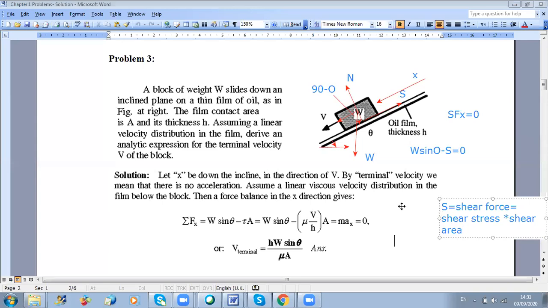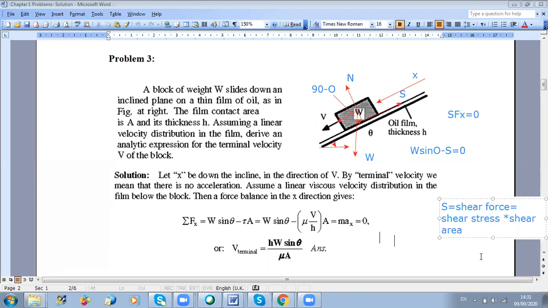First, who can tell me what is the shear stress here? How to find its expression? The tangential component of W sine theta over A. Yes, but I want to find it as a function of V, because I want to relate to velocity. I will use this relation: mu du over dy.